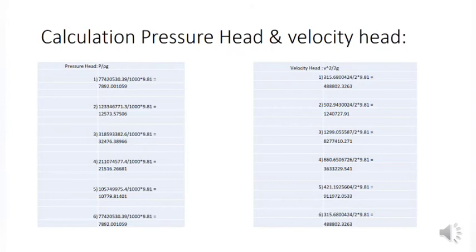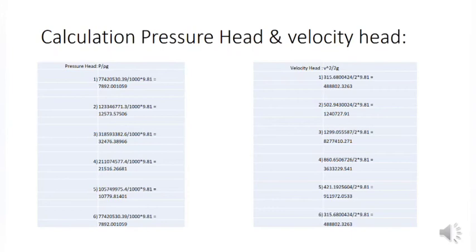We take that over 1000 times 9.81, so we get the pressure head for point 1. Next we continue the calculation with the answer we get for the pressure, until we get 4.6.